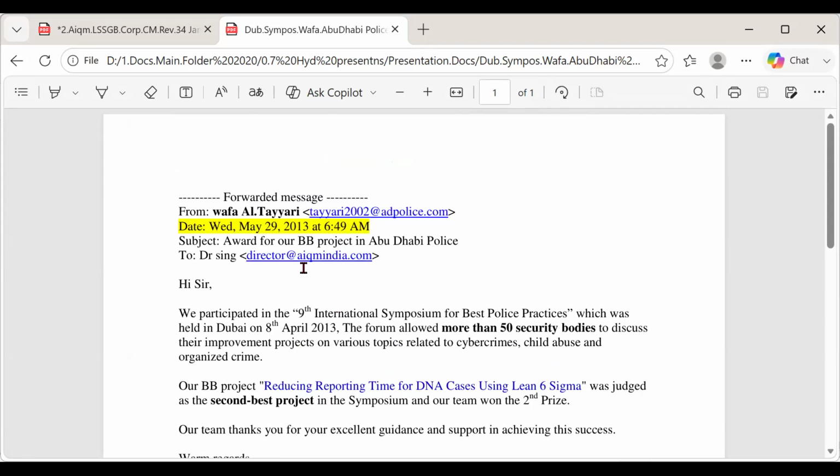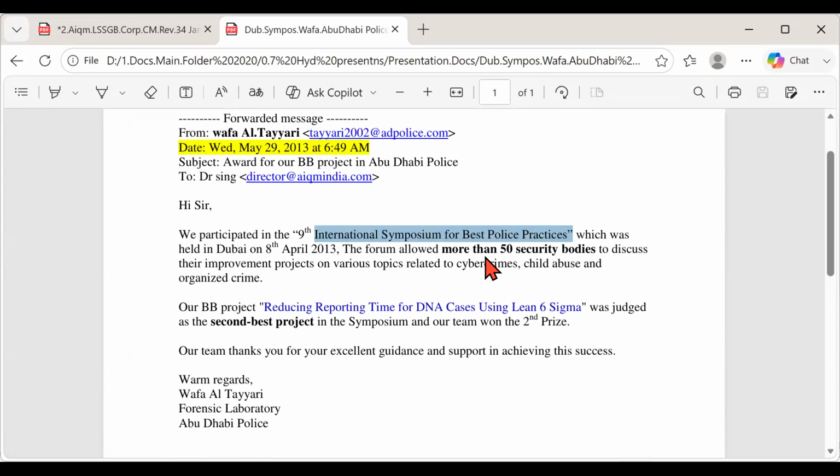And this was a mail which she had sent me about a few months after the project, because they had presented this project in one particular event in Dubai. They had participated in an international symposium of best police practices. This was held in Dubai, where more than 50 security bodies participated.